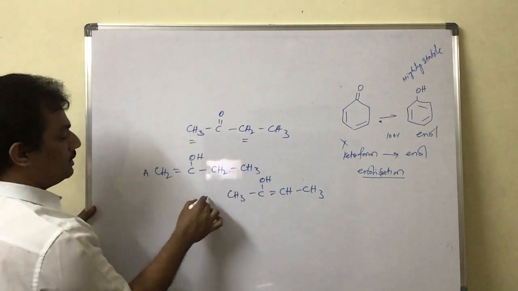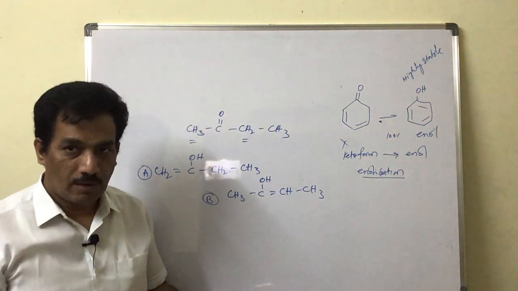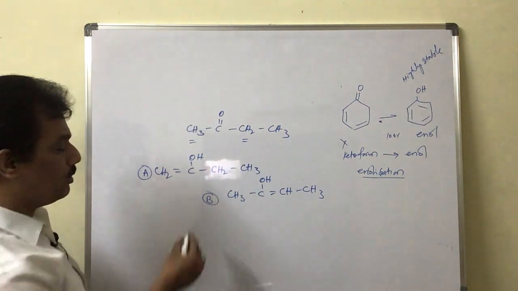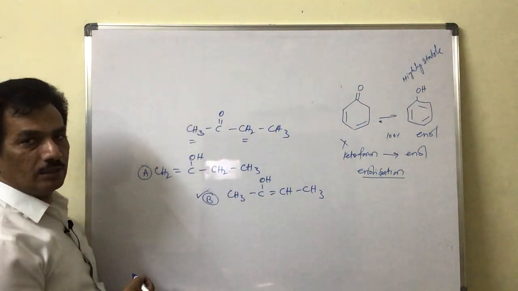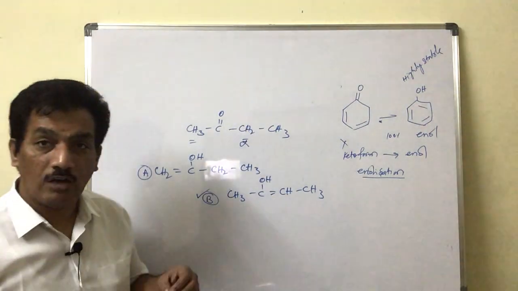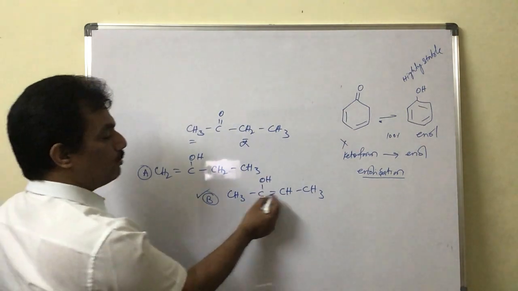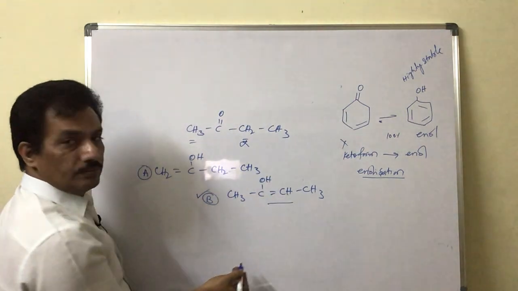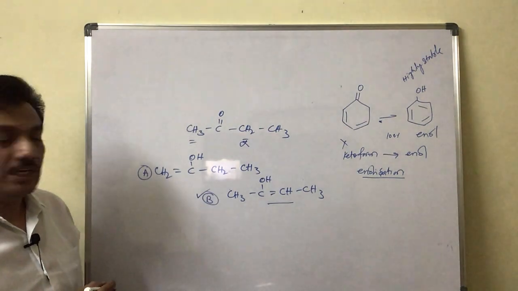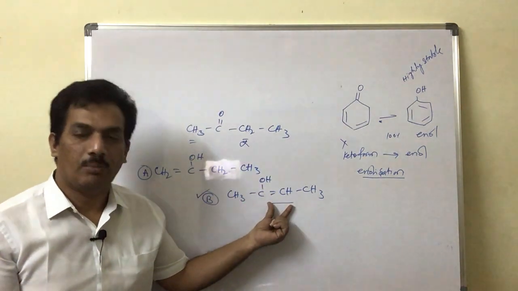This is A and this is B. Now can you guess which is more stable, which is formed more readily? Just remember, the carbonyl with less alpha hydrogen is involved in enolization. The reason is simple. Here it is forming a more substituted alkene, but here it is a less substituted alkene. That is the reason why it is more stable and readily forming.